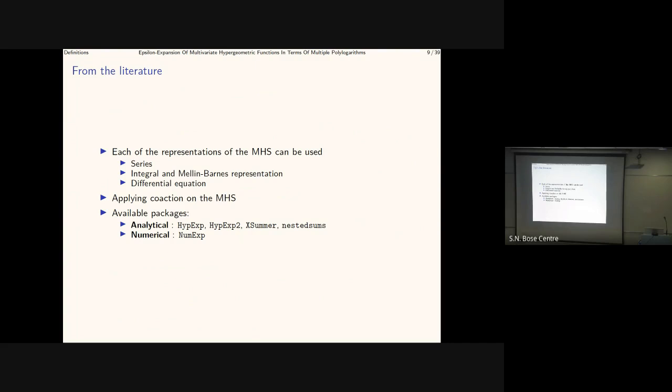So there are packages also that can find the series expansion of these functions. One of them is HypExp. It can only do pFp-1 type functions, and then XSummer or nested sums can do some Appel functions. And NumExp is for numerical expansion.